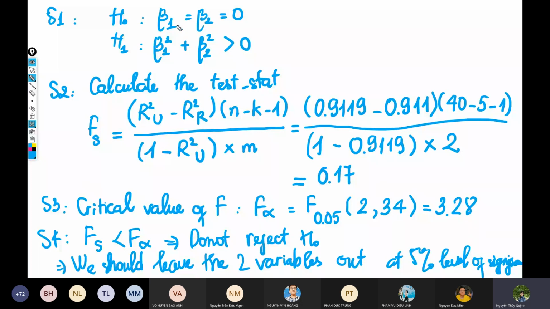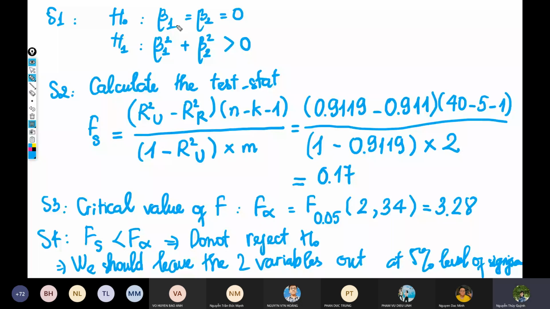Sometimes you may want to test the joint effect of three independent variables, with beta 1, beta 2 and beta 3 all equal to 0. In that case, you will have three restrictions in the null hypothesis.